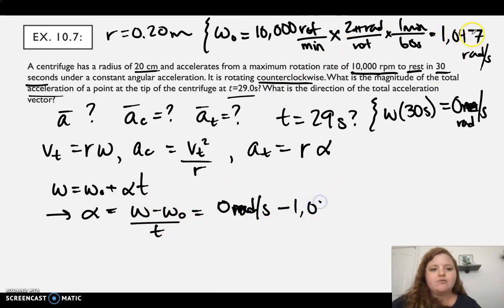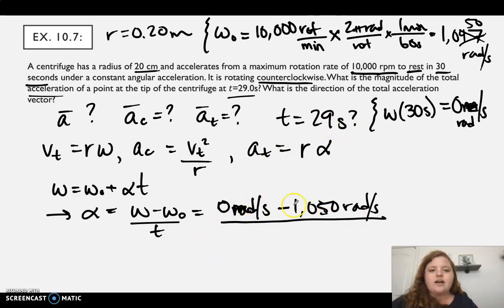I'm going to go ahead and round this to 1050 radians per second. Just because I think we'll only need 3 sig figs. So there we go. And our time is going to be 30 seconds because that's how long it takes to stop.